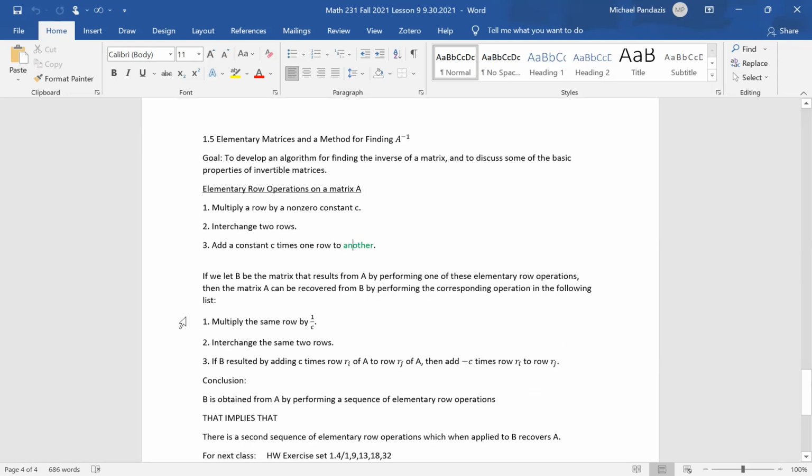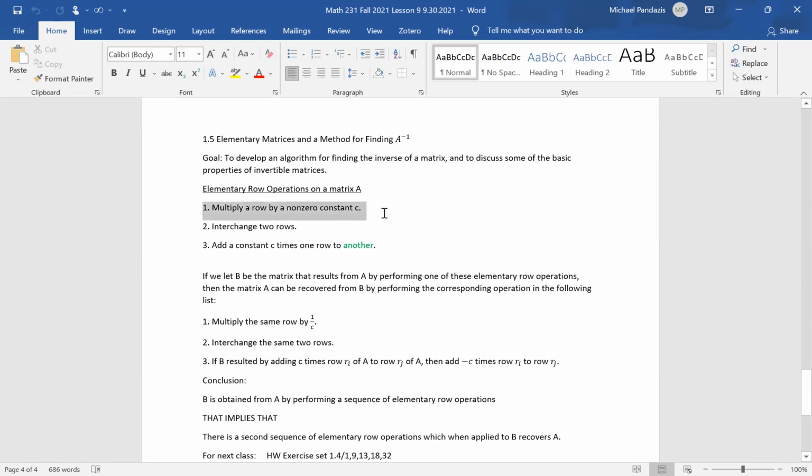Okay, now these 3 are just inverse operations. So if you apply one of these operations to a matrix, these are the corresponding inverse operations that will undo what you did. So if I interchange 2 rows, the opposite would be to interchange the same 2 rows to get back to where I started. If I multiplied a row by non-zero constant C, the opposite would be multiplying that same row by 1 over C. Right?